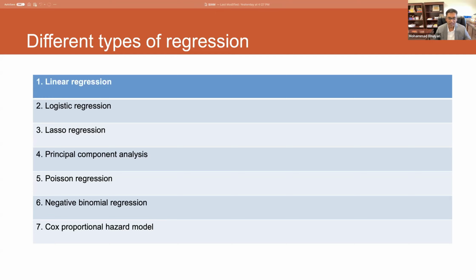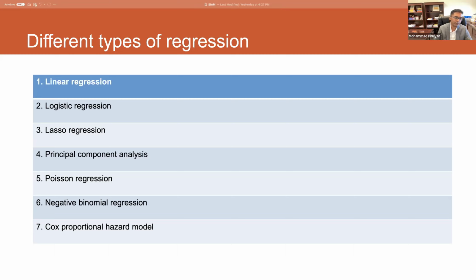Lasso regression is actually for variable selection. When you have like 15, 20 different variables and you don't want to use all of them, you select which variables are important based on lasso regression. There are also some other regressions called stepwise forward regression or backward regression.